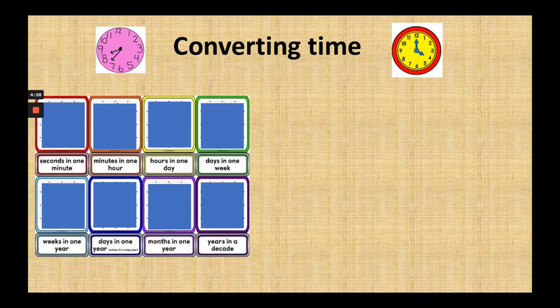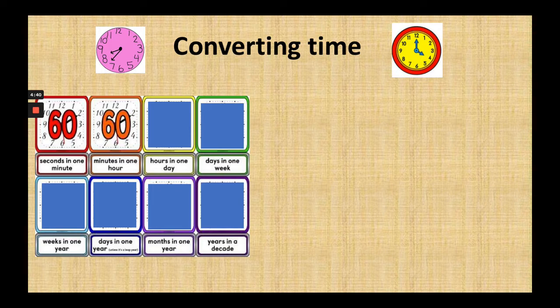Let's start with recapping converting time. So we've just been learning all about this, haven't we, Year 4? So can you remember how many seconds are there in 1 minute? That's right, 60 seconds. And how many minutes are in 1 hour? 60 minutes, good job.